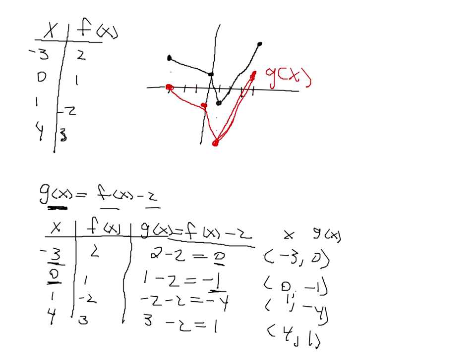And so each point here is moved down 2. So when I have f of x minus 2, it takes f of x and it goes down 2.